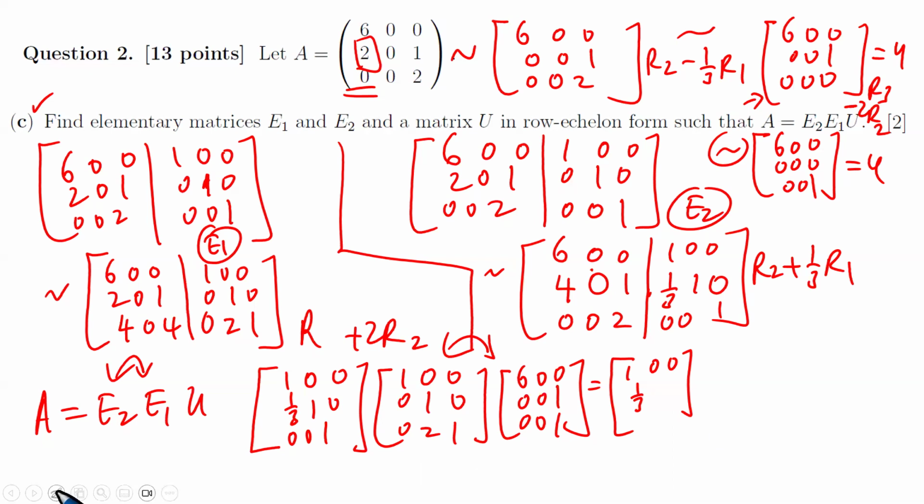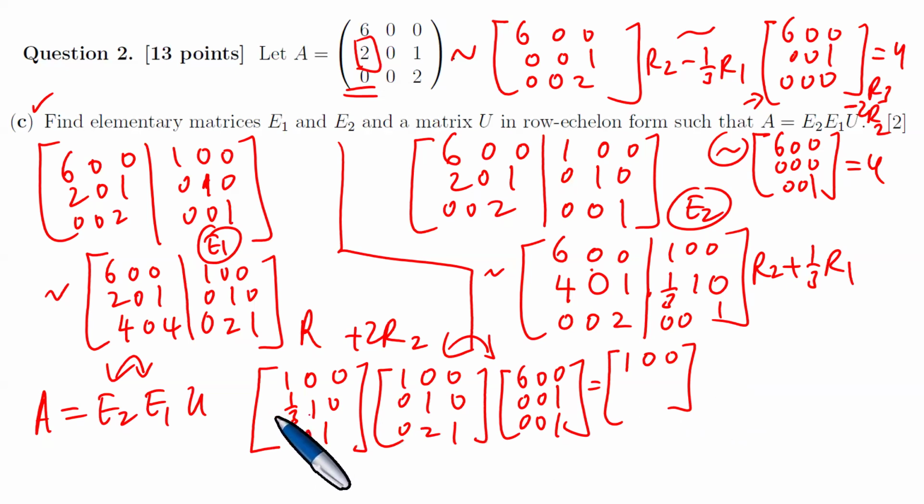Okay, let me multiply the first two matrices and then leave the last one. I'm trying to see why this. If you multiply this with that, what do you get? You get a 1. You multiply this with that, we get a 0. You multiply these with that, you get a 0.